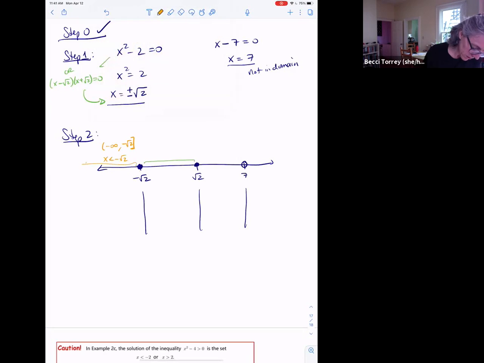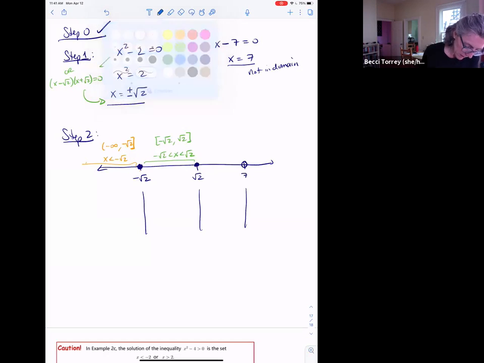That goes forever in that direction. The next interval is minus square root of 2 less than x less than positive square root of 2, or again, minus square root of 2 to positive square root of 2. And I'm just going to use the brackets again right away, because I already know that minus square root of 2 and positive square root of 2 are solutions.